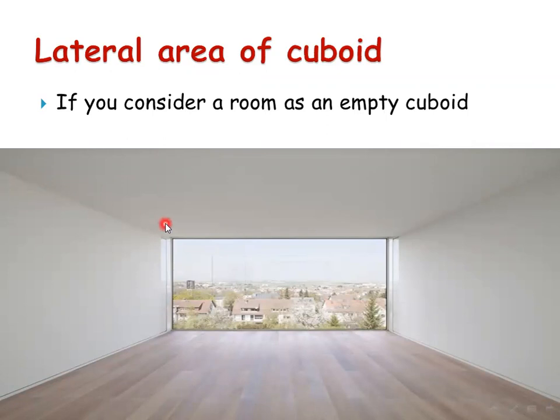Here is the first edge equal to this edge, equal to the opposite edge here, equal to the opposite edge here. These are the first group, and we call them the width of cuboid. Second group, I have this edge here equal to this edge here, equal to the opposite edge here, equal to the opposite edge here.